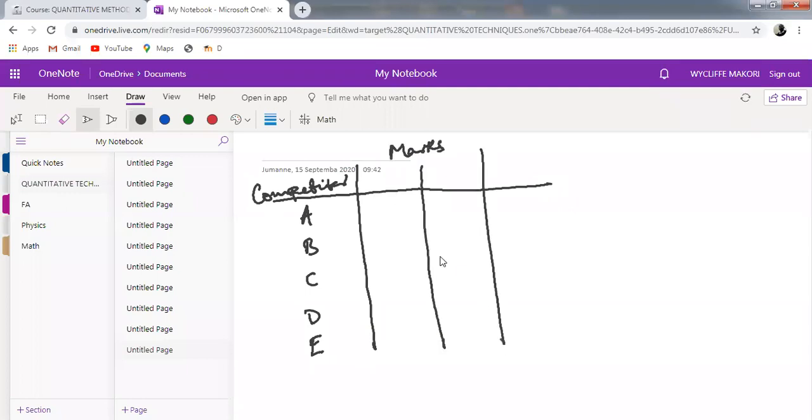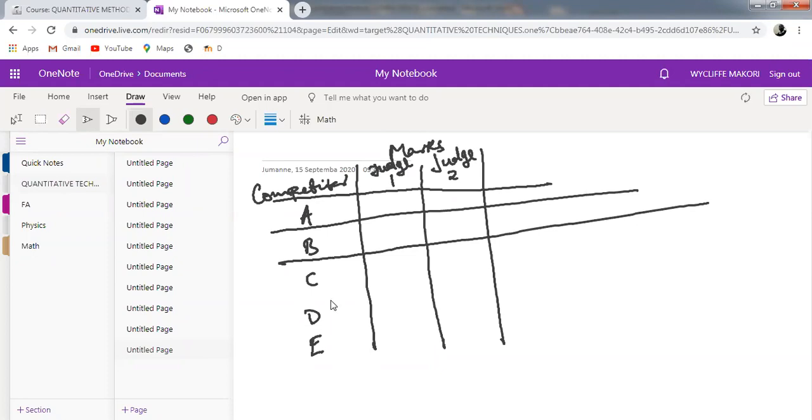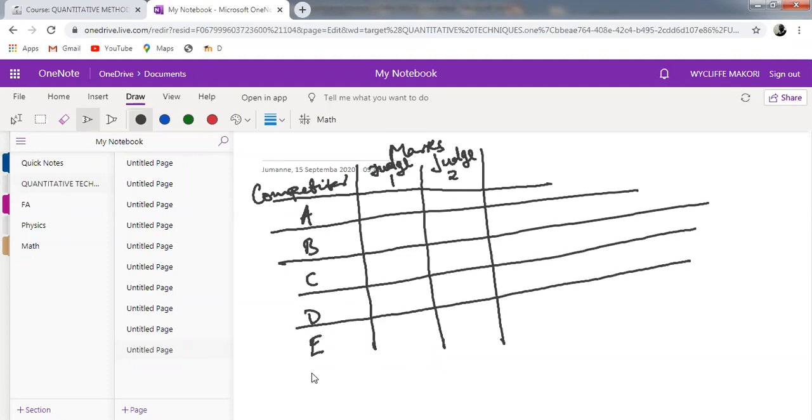The two judges, they were giving marks. That is actually Judge 1 and Judge 2. They gave the marks instead of the ranking. Remember, the ranking is the position.